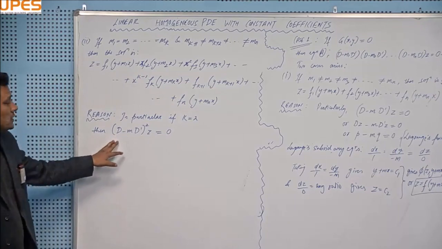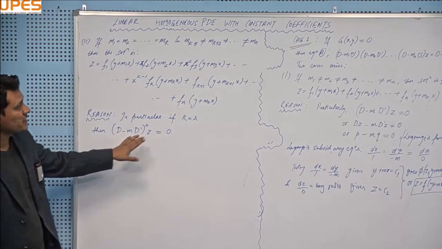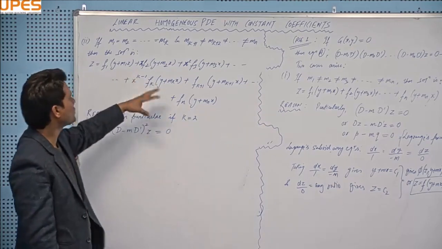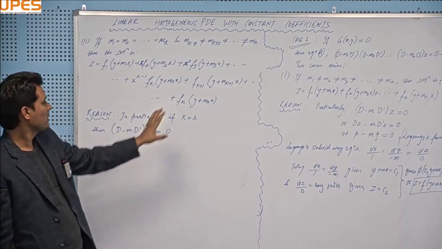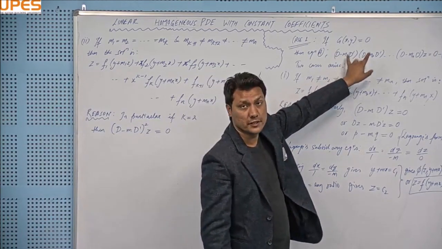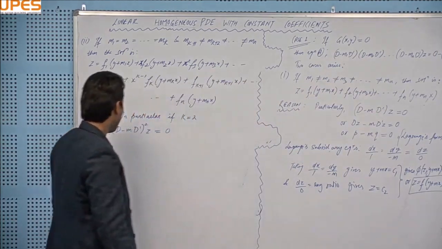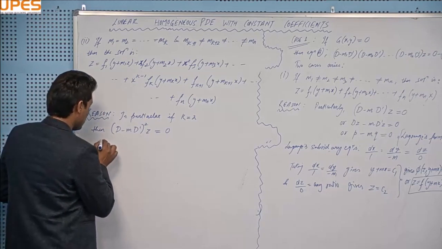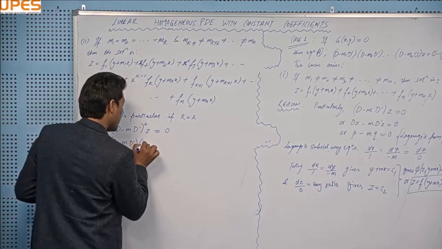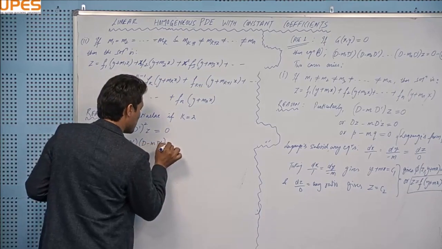So this will be a factor present in our equation number b. If we want some of the roots to be equal, then obviously this factor will be present here, maybe at the beginning. Now you may write it as (D − mD')(D − mD') z = 0.